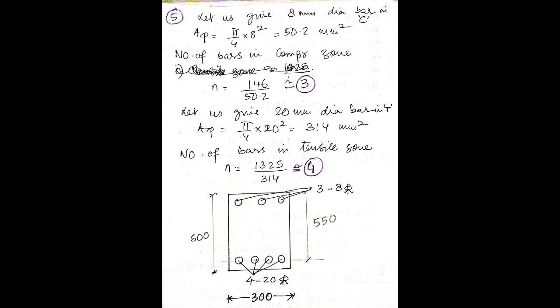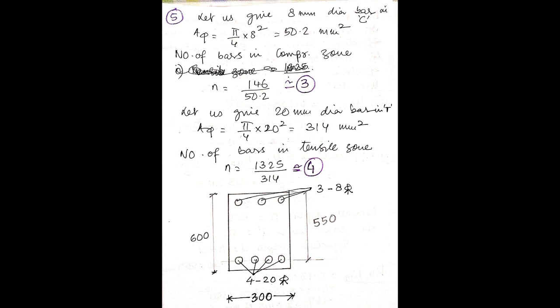Now as the tensile zone requirement is more, let us give 20 millimeter diameter bars. The area of one bar comes out to be 314 millimeter square. So the number of bars in the tensile zone is 1325, the total area requirement we found in step number 3, divided by 314, which comes out to be 4.